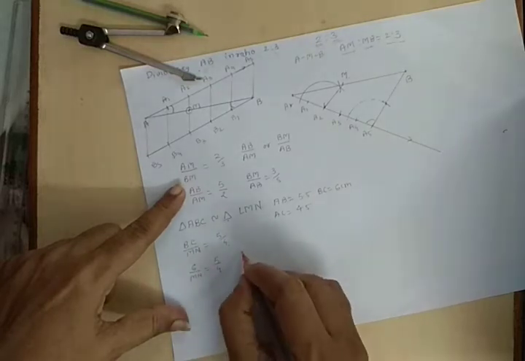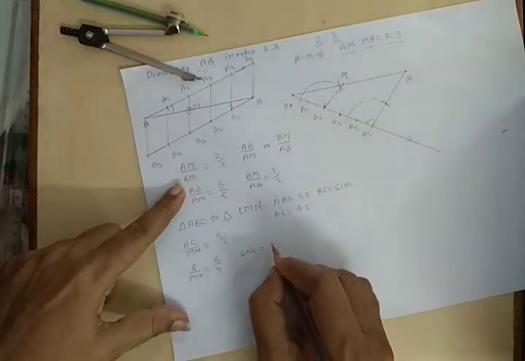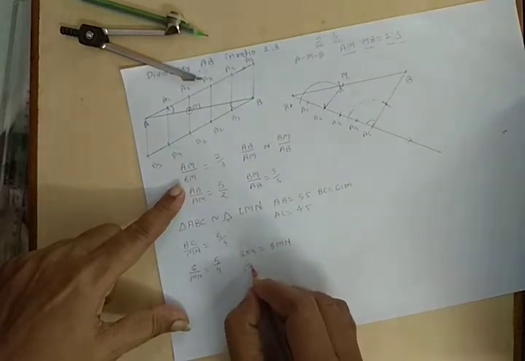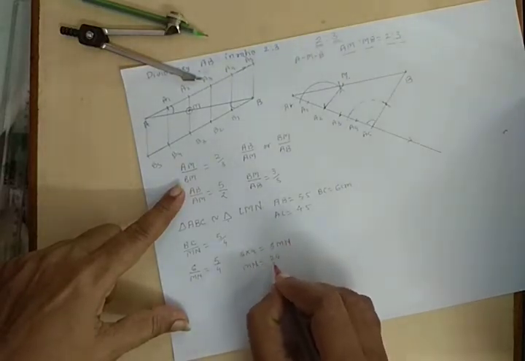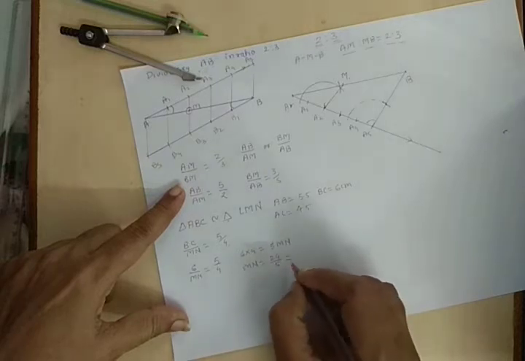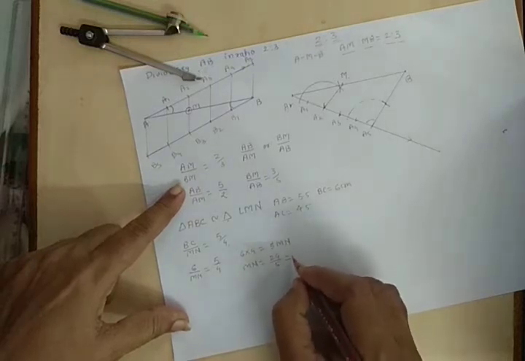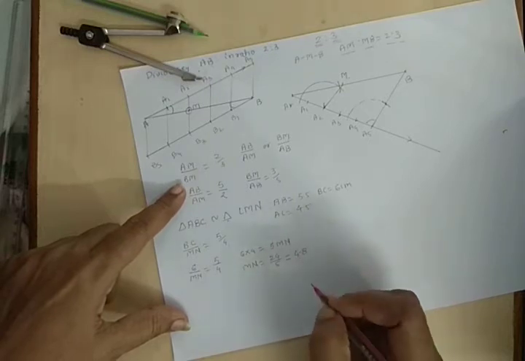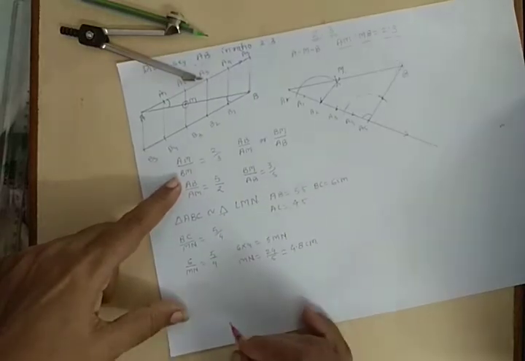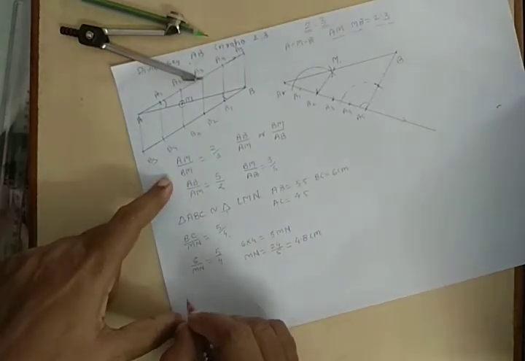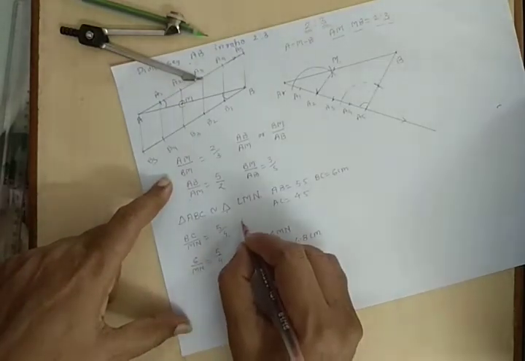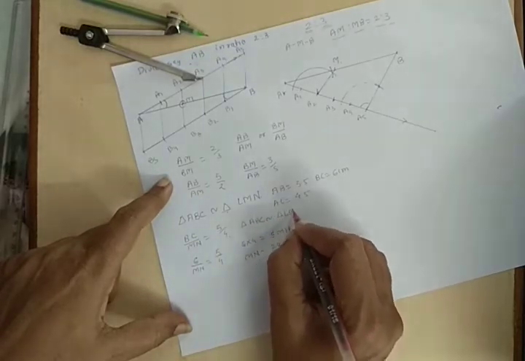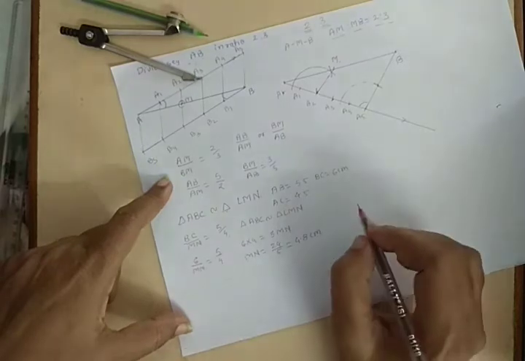Cross multiplying, 6 into 4 is equal to 5MN, or MN is equal to 24 upon 5, which is equal to 4.8 centimeter. Now for similar triangles, as triangle ABC similar to triangle LMN, all the corresponding ratios are same.